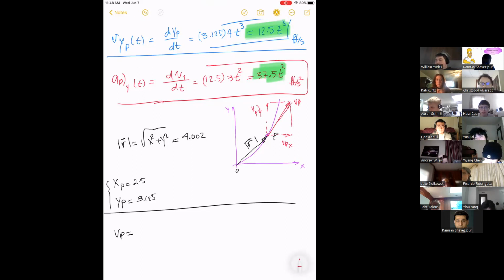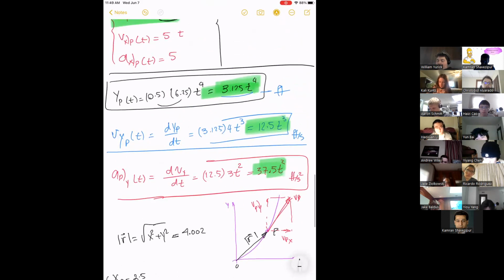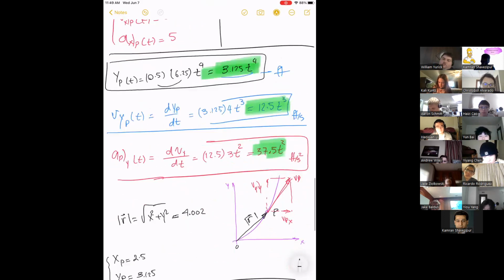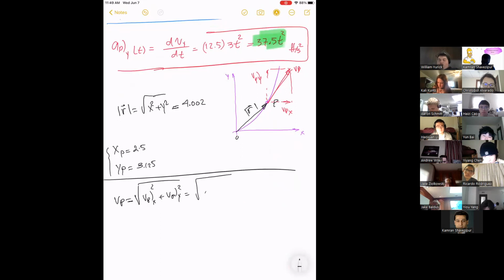Like any other vector, vp is the square root of vpx squared plus vpy squared. If you substitute t equal 1, vpx is going to be 5 and vpy is going to be 12.5. So it's going to be the square root of 5 squared plus 12.5 squared. Give me the number. 13.463.